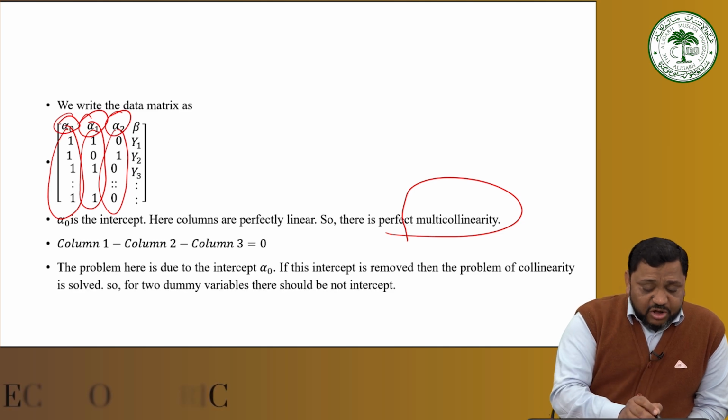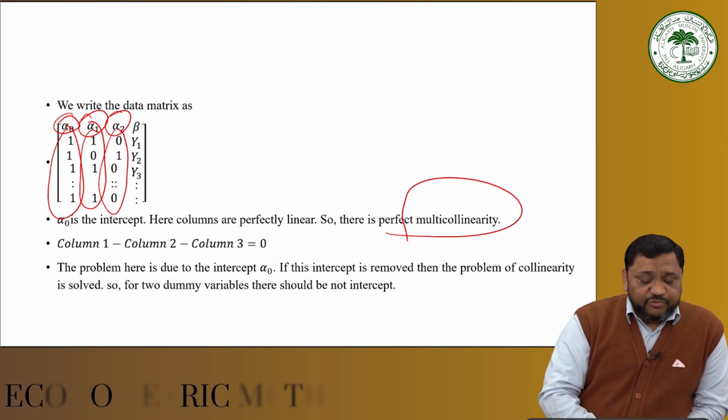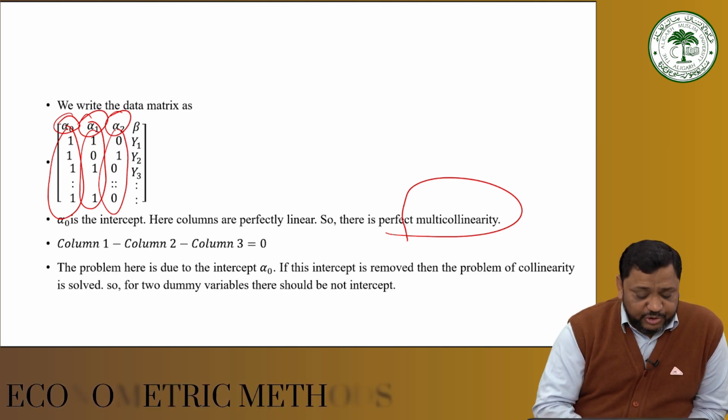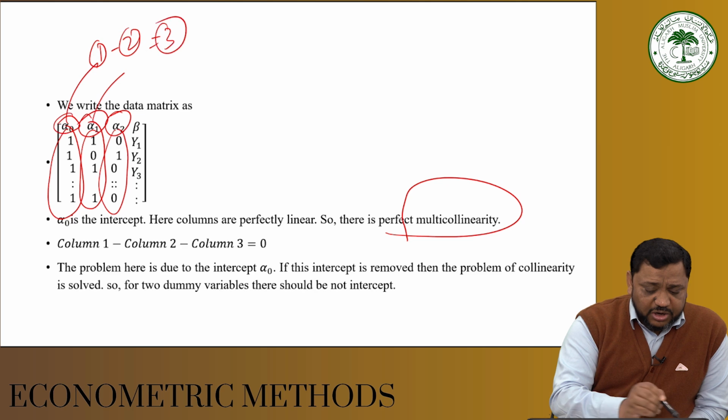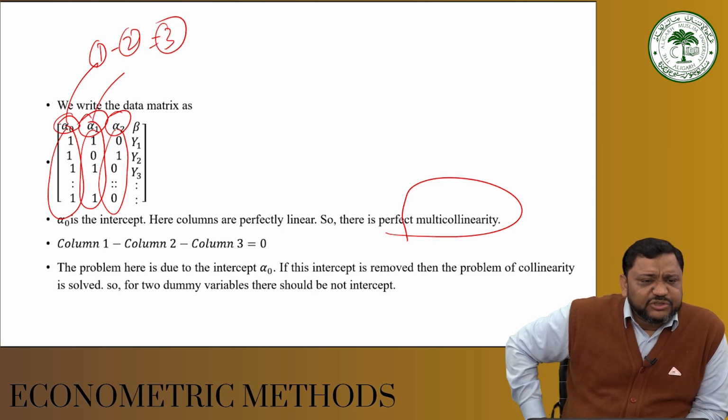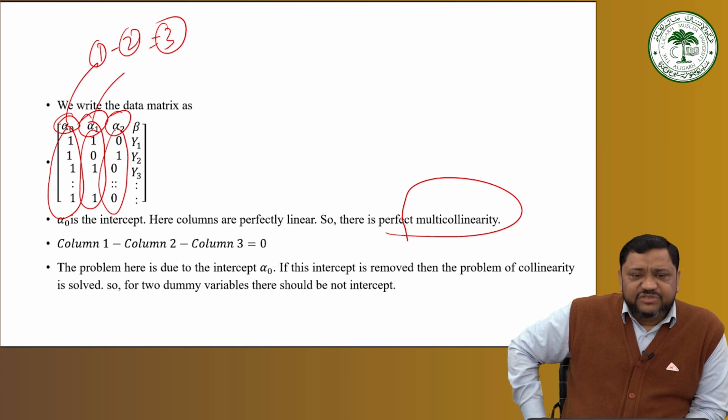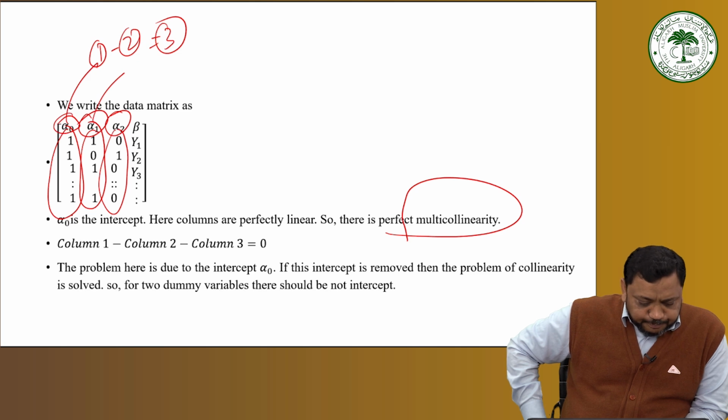Or you can also say column 1 minus column 2 is equal to column 3. So there is a perfect relationship between column 1, column 2 and column 3. This will lead to the problem of multicollinearity.